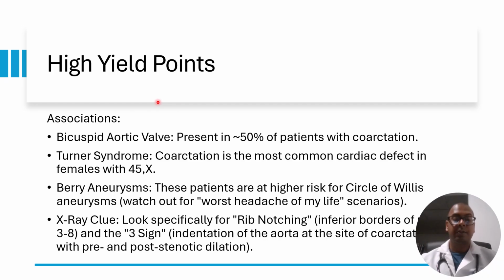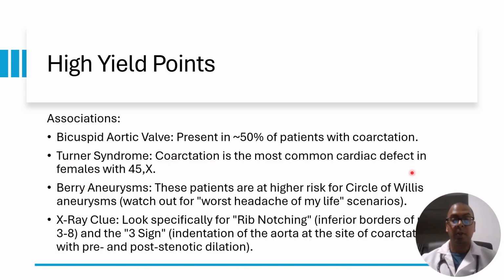All right, so now let's review the high yield points in that case and for coarctation of the aorta. Usually in patients with coarctation of the aorta, you may see a bicuspid aortic valve too. Usually coarctation is associated with Turner syndrome.